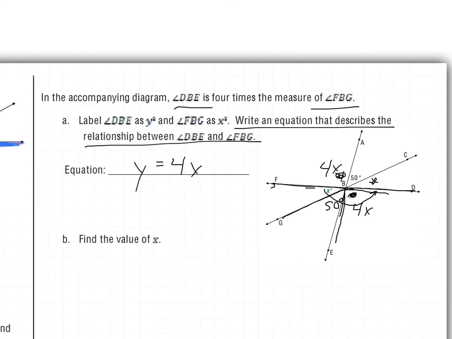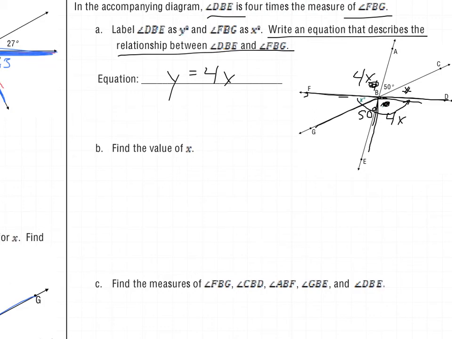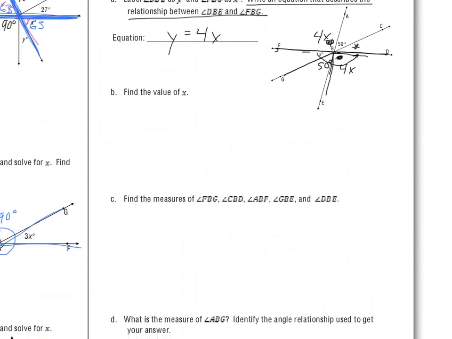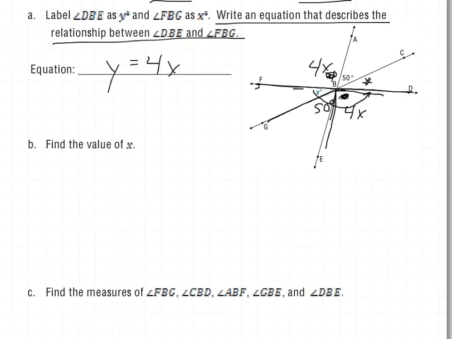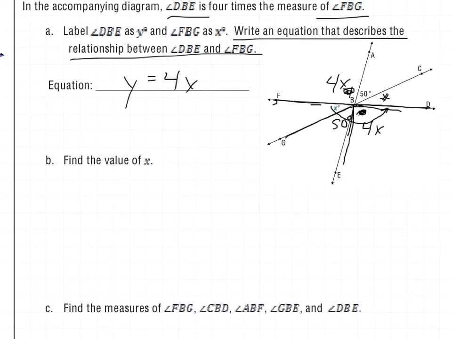Alright, so find the value of x. That means you're going to have to use an equation, and then use that to find the values of those different measures. So to find the value of x, I'm going to pick a straight line, this one here, 180 degrees.